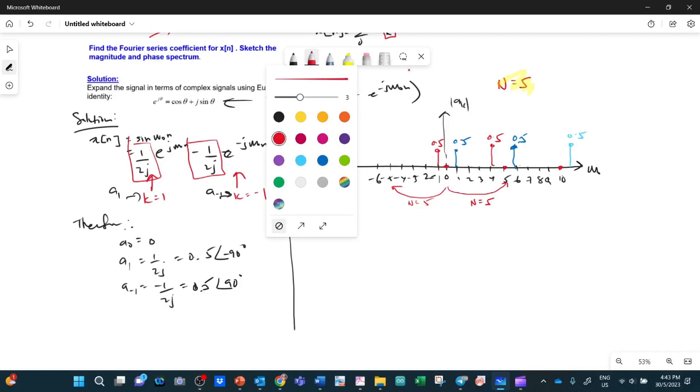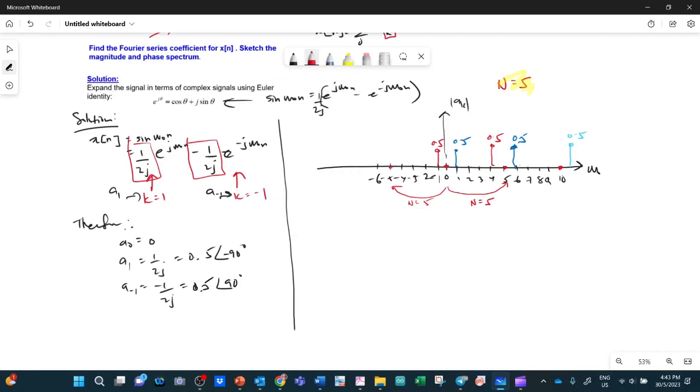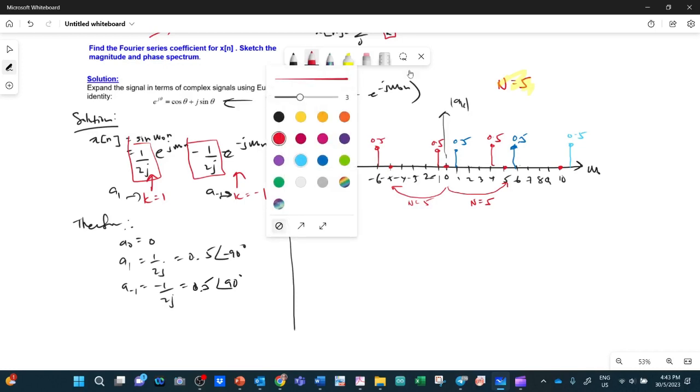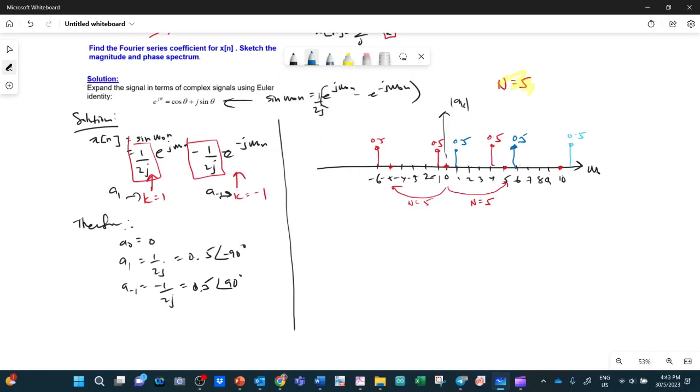This one already repeats to the left side, so this is 0, and minus 1 is going to repeat to minus 6, 0.5. The blue color here is going to repeat to the left side, so every N value 0.5. Same goes to this point, which is going to repeat to the right side, 1, 2, 3, 4, 5.